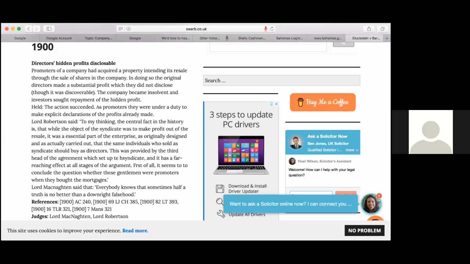But always remember, the promoter, whether he has the property before or even after, before he has to disclose and even after, he needs to disclose, and he has to be independent. He should always get independent advice.